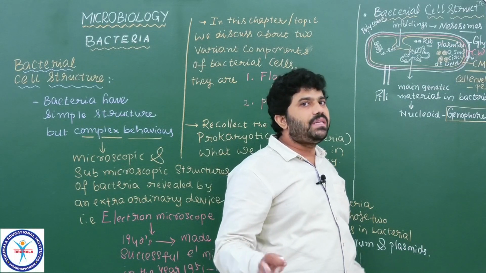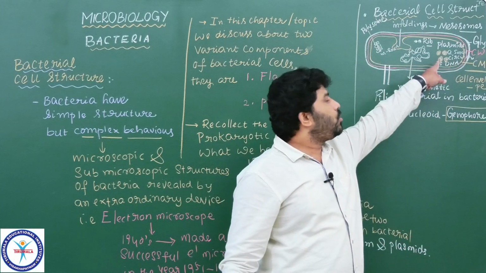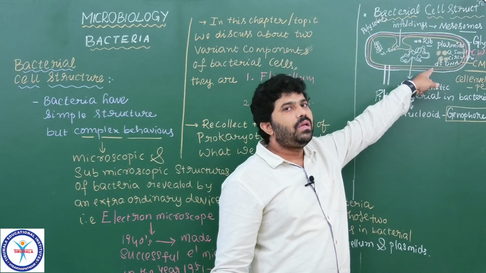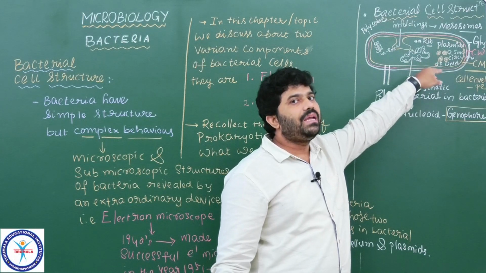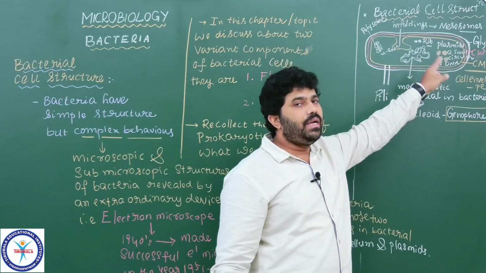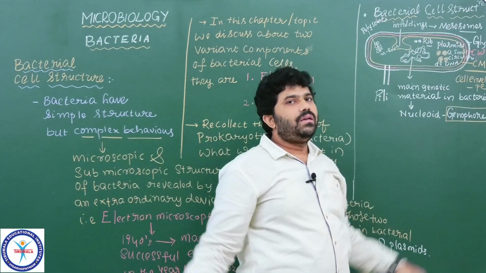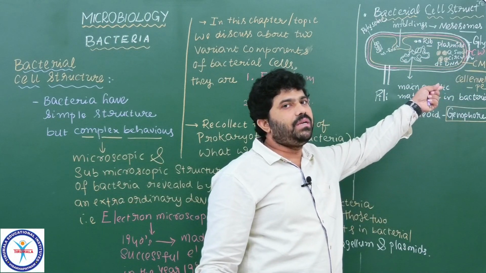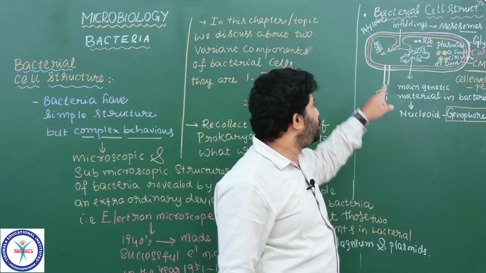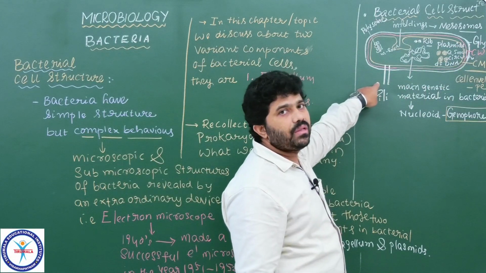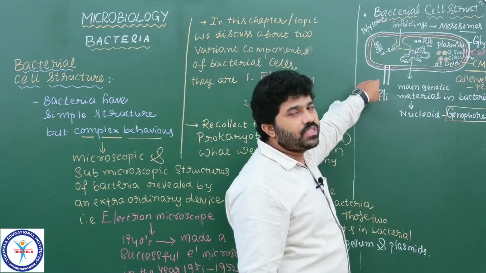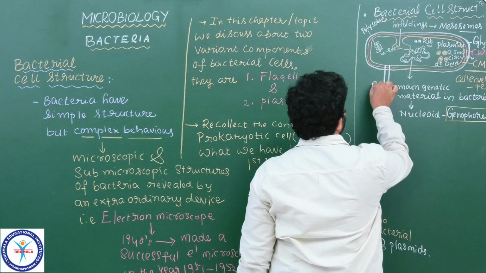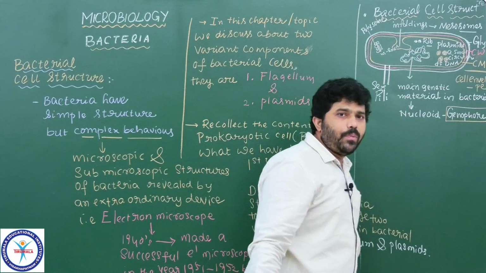So the F minus bacteria gain extra-chromosomal dsDNA, the plasmids, from F plus bacteria. F plus means having plasmids. These plasmids are transferred through the structures called pili. That's why pili are also called sex pili. Now you got the point, students.